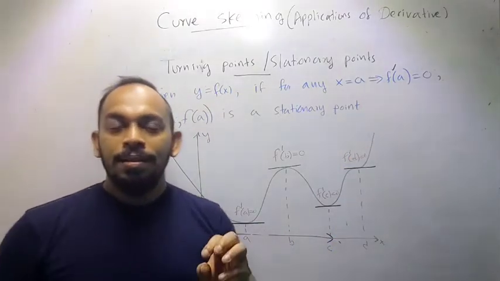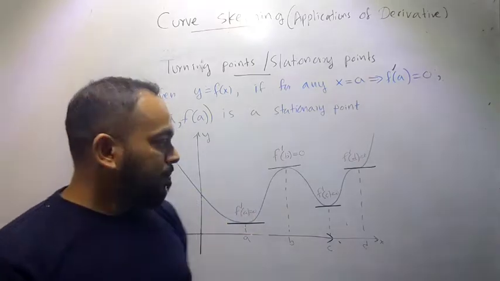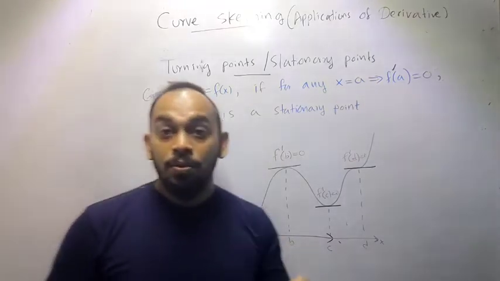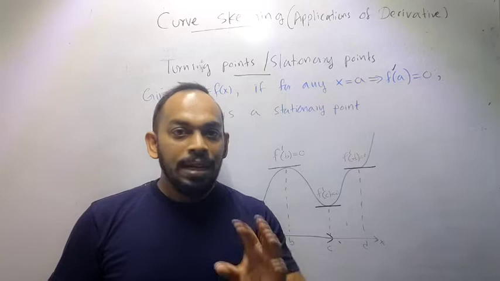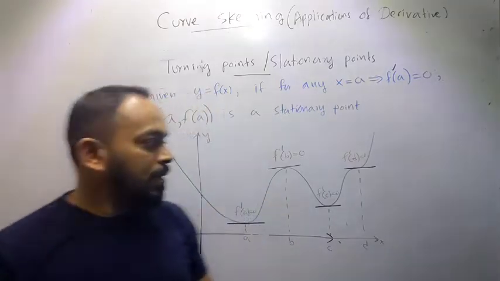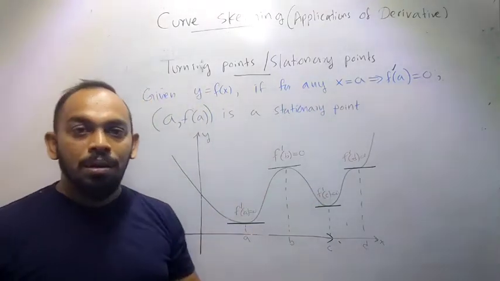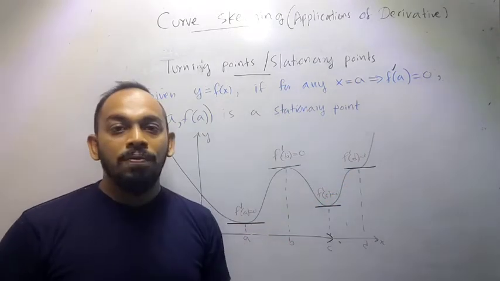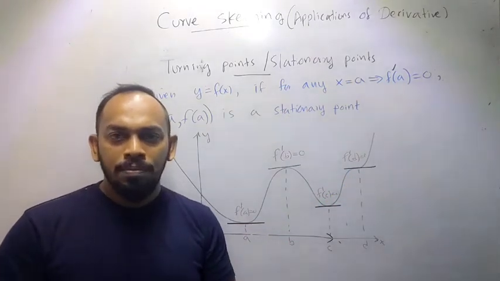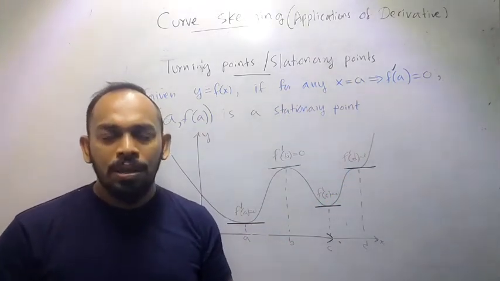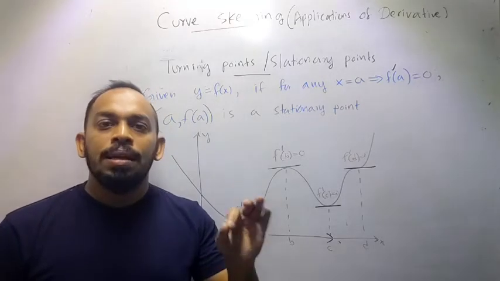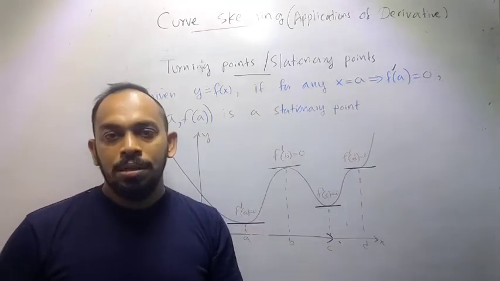So you can see the derivative at these points is 0. It doesn't say anything about whether it's a maxima, minima, or what we call inflection. It doesn't distinguish between them, but it says that it must be a stationary point.